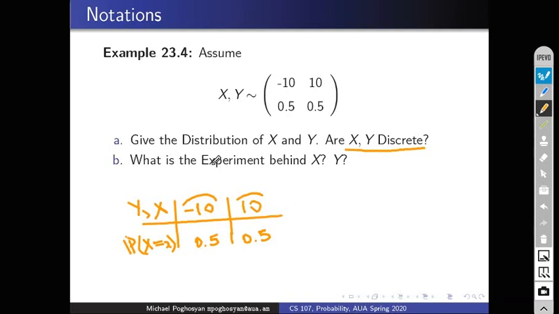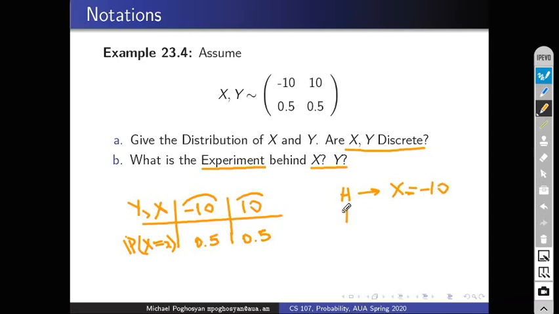Okay, the second part: what is the experiment behind x and y? Unfortunately, I cannot say what the experiment behind x and y is, and nobody can. Well, we can make some experiments. Say we are tossing a fair coin. If heads, then x is equal to minus 10, so I'm losing $10.